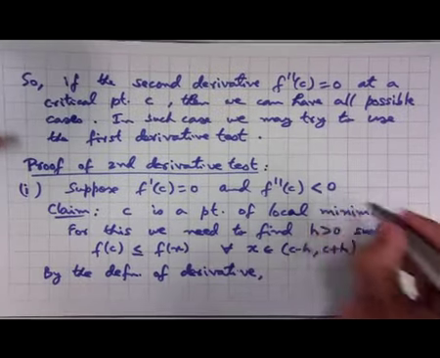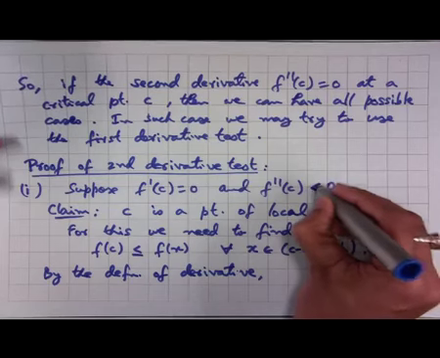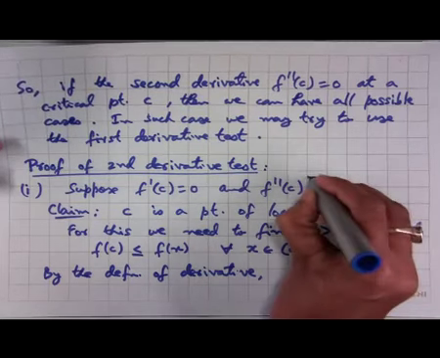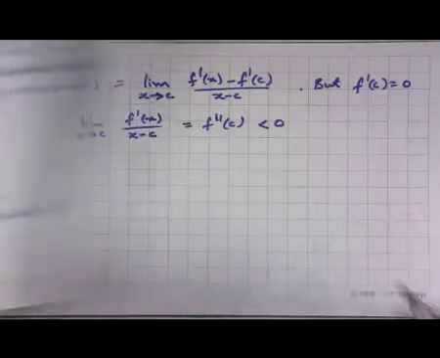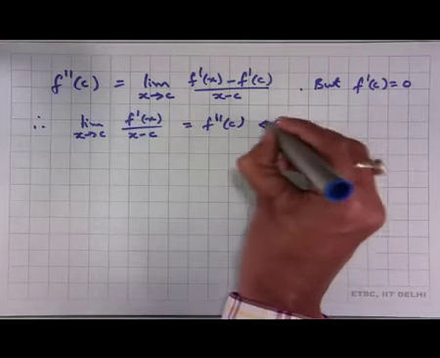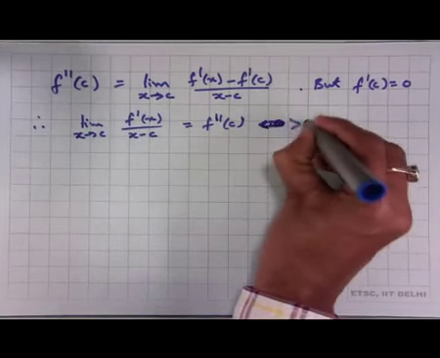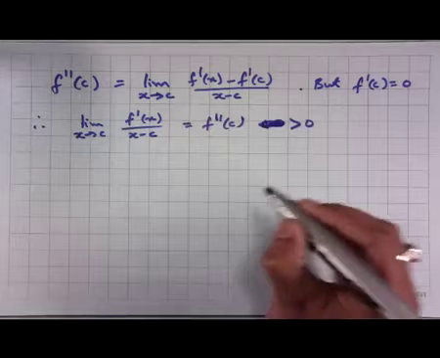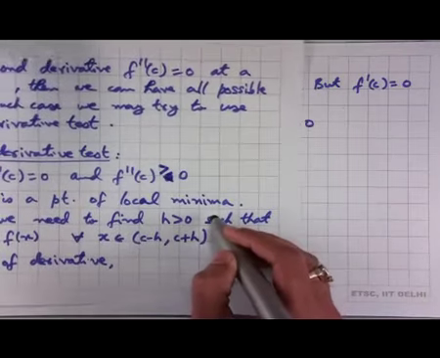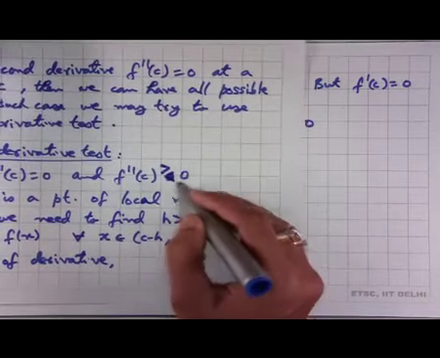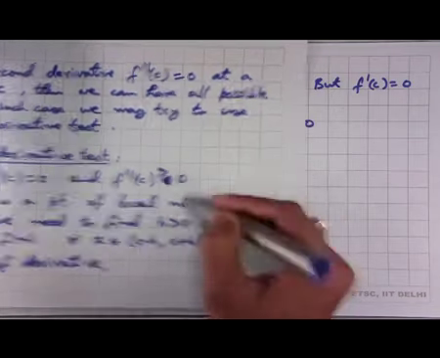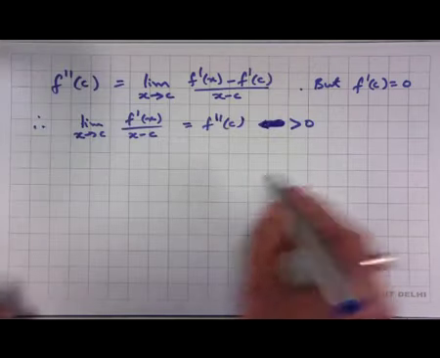Sorry, the first case we are considering is, suppose f double prime c is positive. Then we want to show that this is a point of local minima. If the second derivative is positive, then we will get a point of local minima.